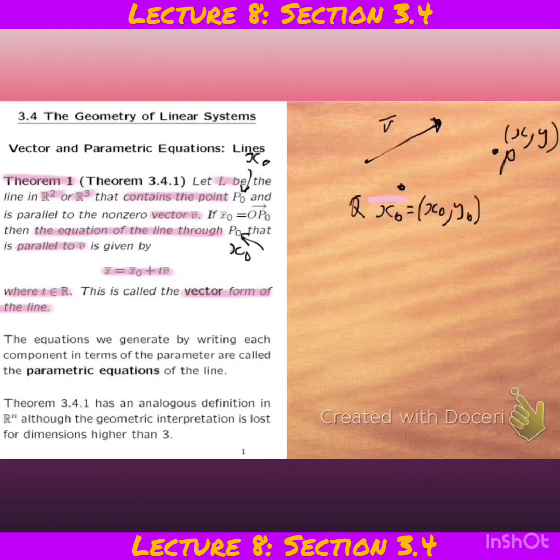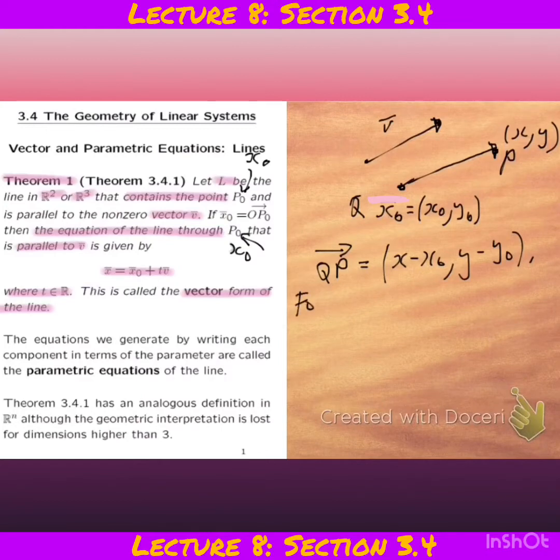All right. So what you want is, remember that the vector, if you look at this vector here, that vector, remember we said, is the vector x minus x0, y minus y0. Now, I want all x's and y's that will cause this vector QP to be parallel to the vector v.